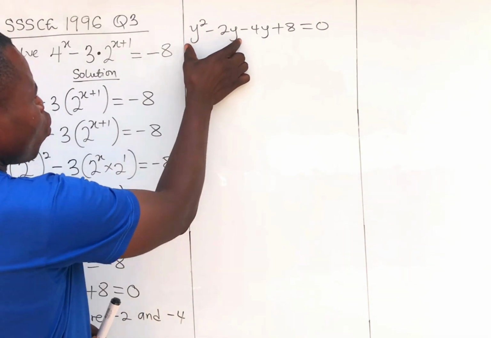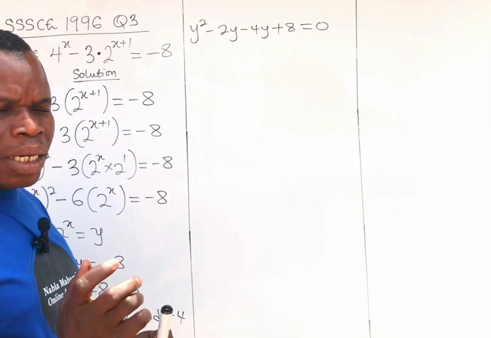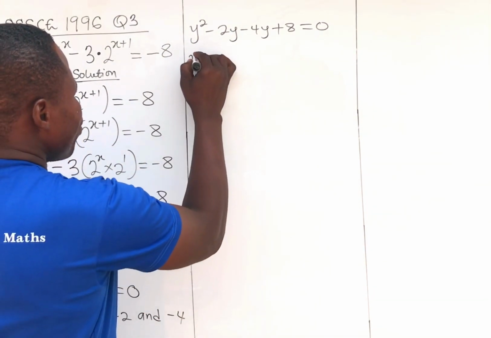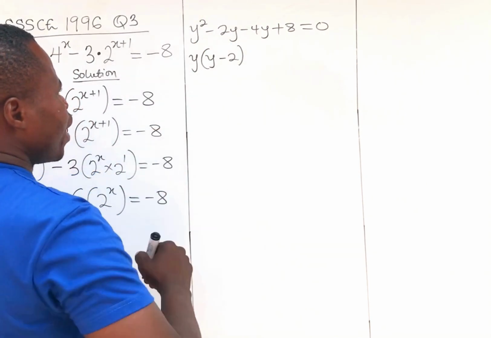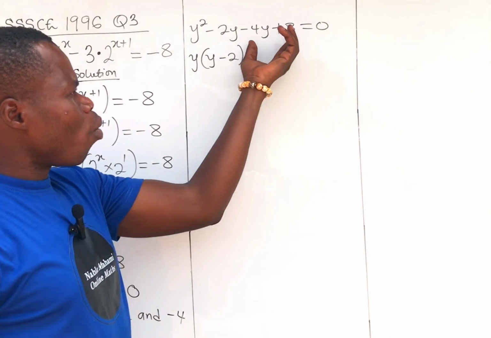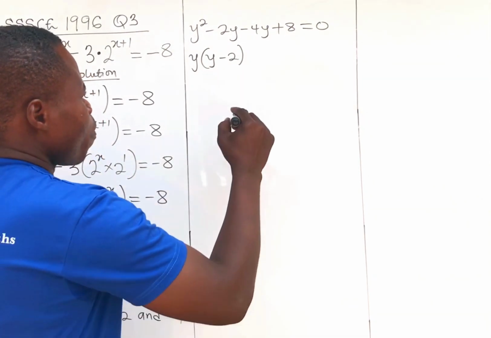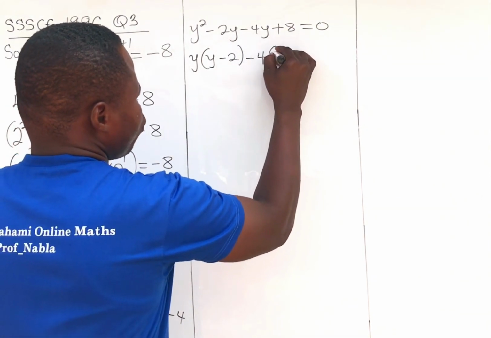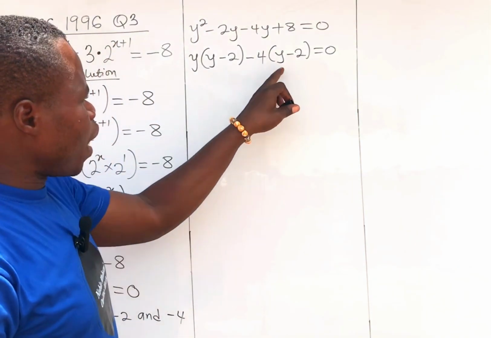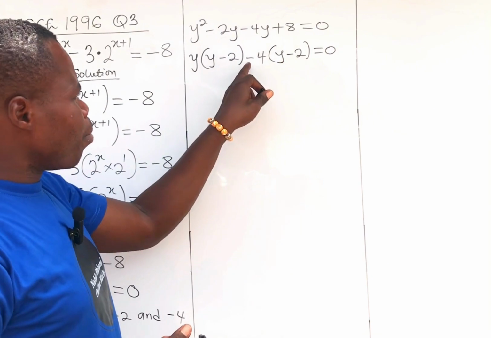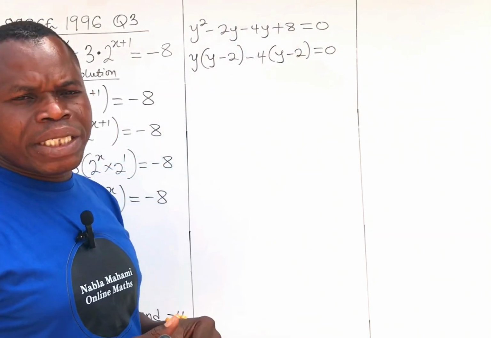You can see that here, if I take y squared minus 2y, my common factor will be y. So I'll bring y outside and write y minus 2. Here, my common factor will be minus 4. I'll have minus 4 into y minus 2, all is equal to 0. Minus 4 times y is minus 4y. Minus 4 times minus 2 is positive 8.